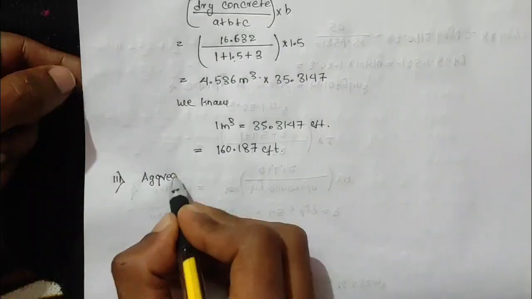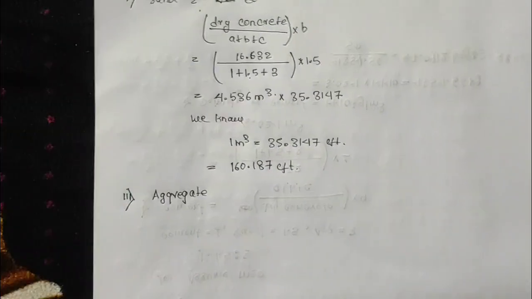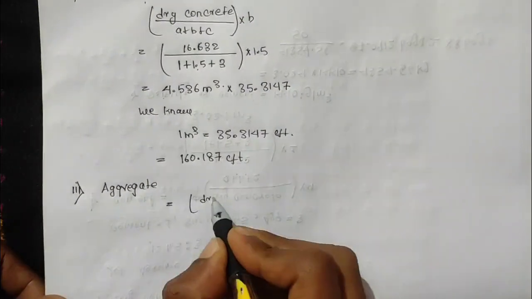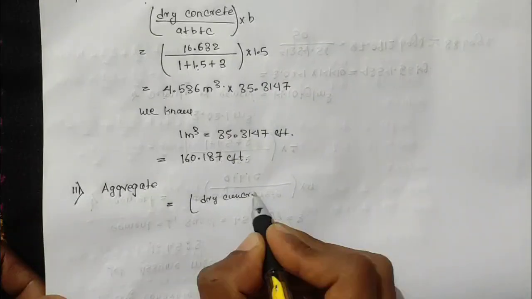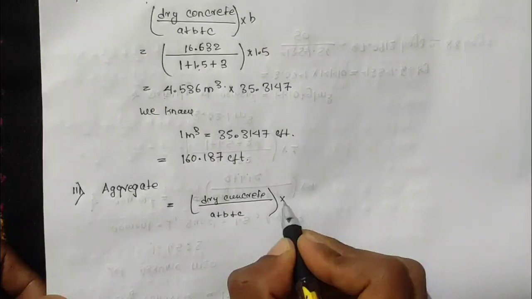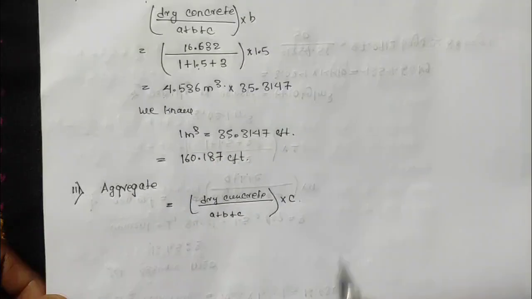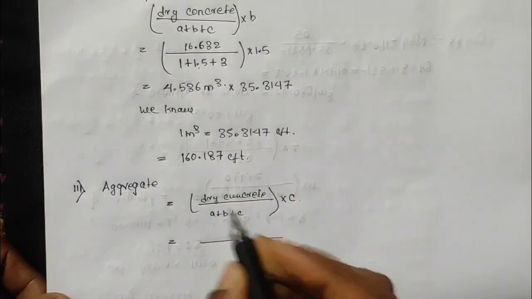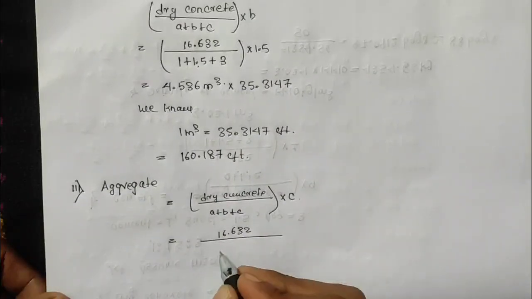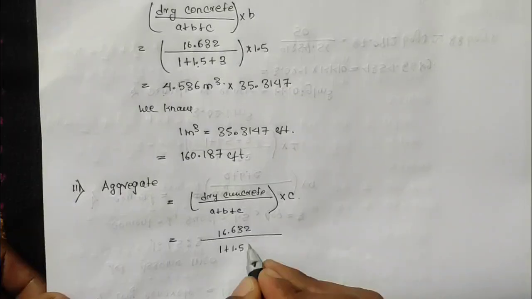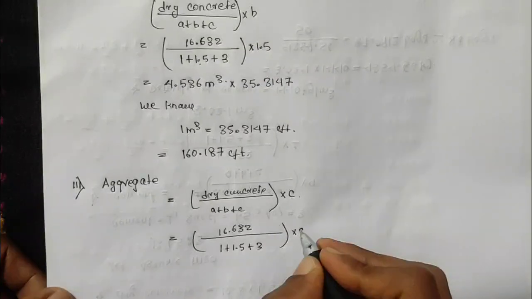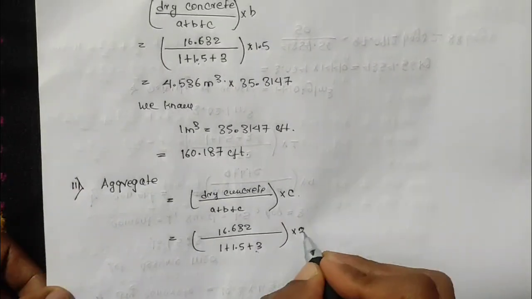The formula is the same: dry concrete by A plus B plus C, now multiplied with C. Dry concrete is 16.632, 1 plus 1.5 plus 3, multiplied with C, and the C value is 3.